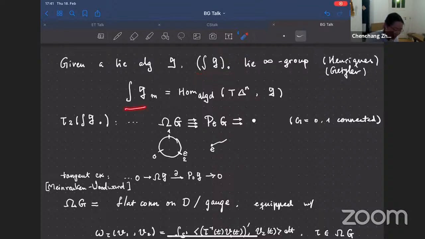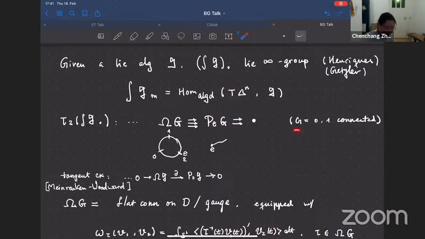On each level it is defined to be the space of Lie algebra morphisms from the tangent complex of a simplex to the Lie algebra g, and then we do a 2-truncation. That's how we arrive at this Lie 2 group.